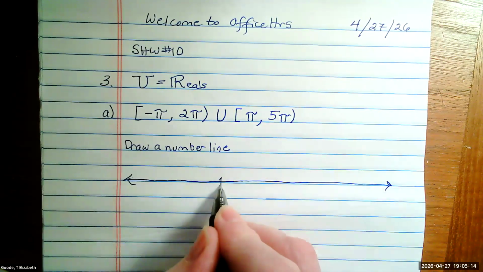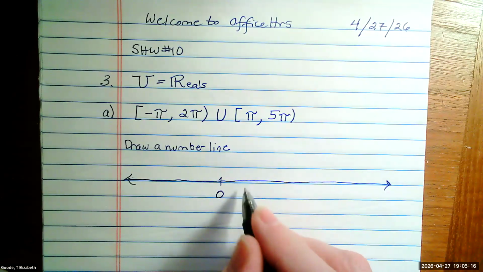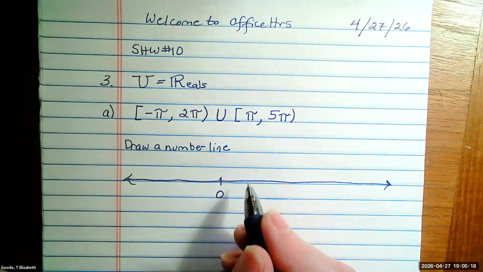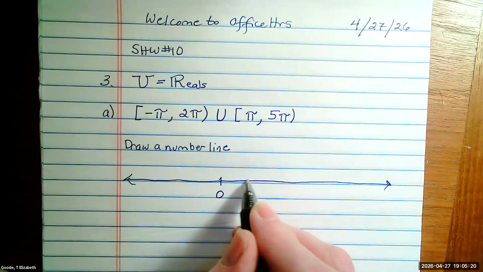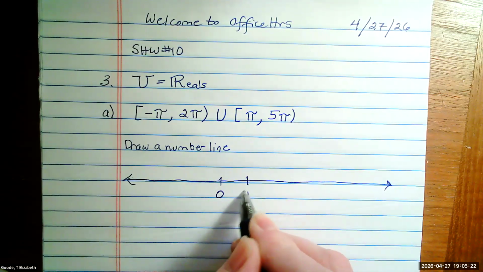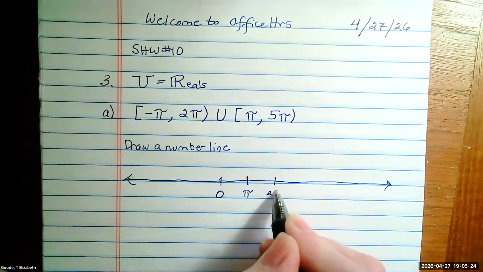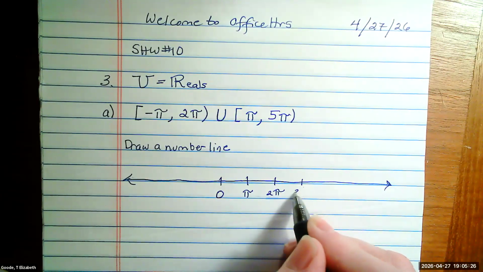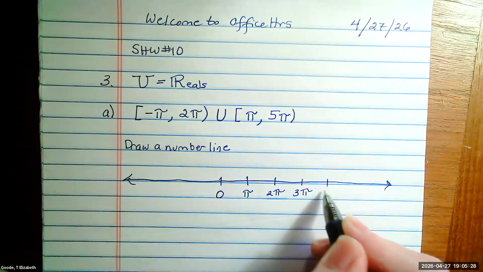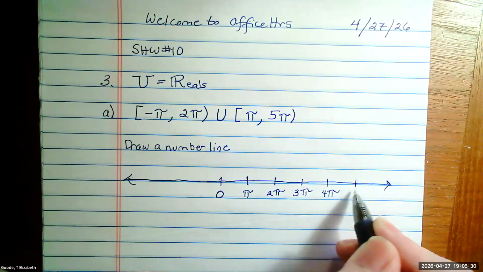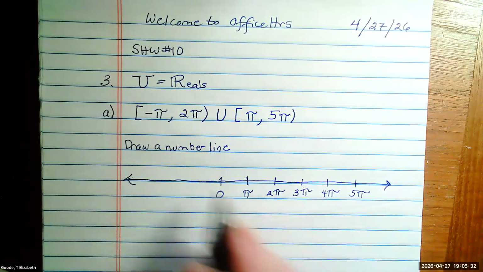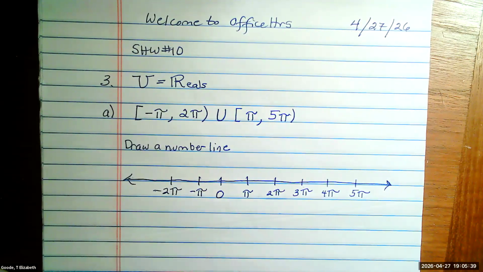Here's 0. Pi is about 3.141. So we'll put pi here, and this will be 2 pi, this will be 3 pi, this will be 4 pi, and this will be 5 pi. Do you agree? Then negative pi, negative 2 pi, and so on.